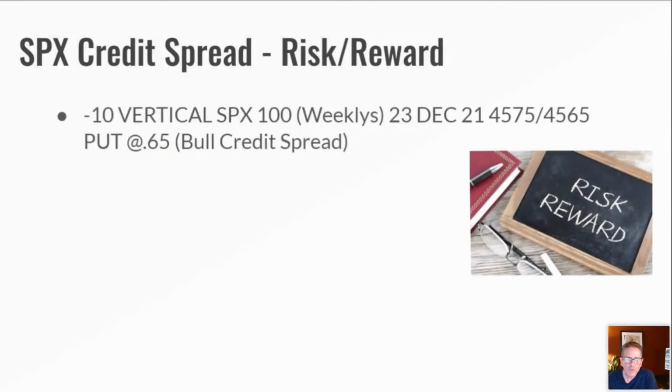Okay, so the risk reward, as I mentioned before, is very, very bad. So if you place trades, and you'll understand. The risk reward here, if you take a 10 vertical and you place a 65 position, is basically 10,000 to 650. So it's really, really bad.